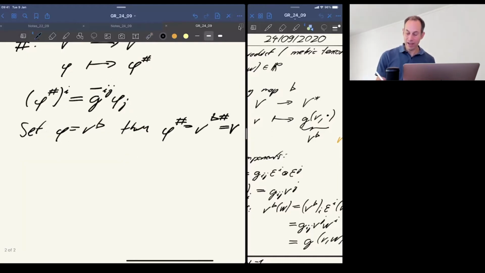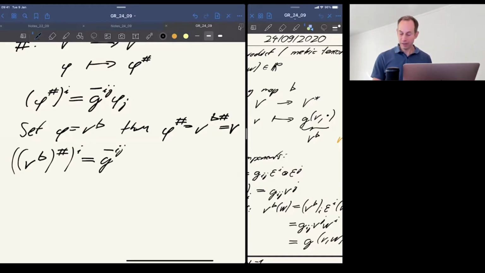So let's now evaluate this expression using this choice for phi. I take this choice, which is v_b, I take the sharp, and now I evaluate the i-th component. Using the fact that it's a linear map, I have these coefficients G bar, and then I still have v_b, the object that I inserted, and according to this rule, I should just take the j component.